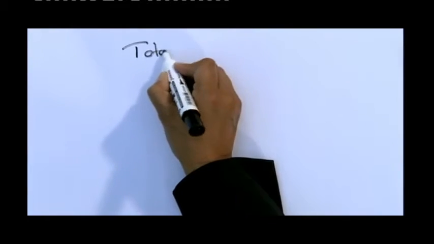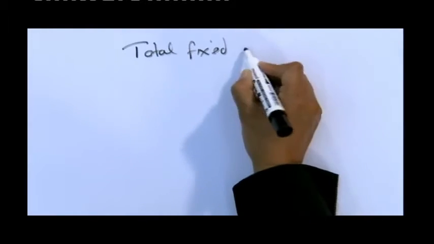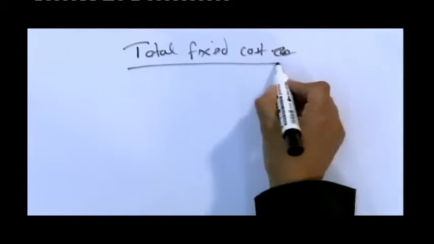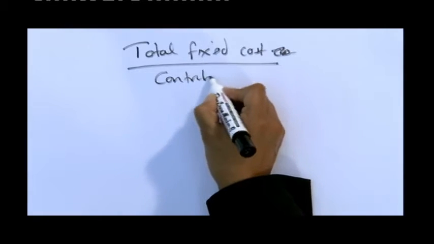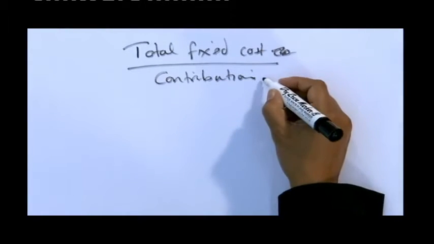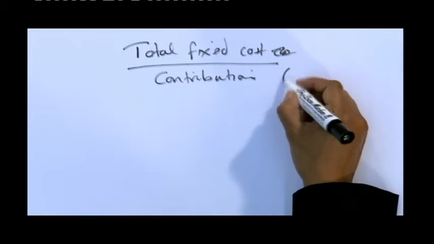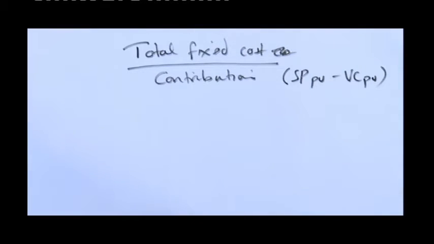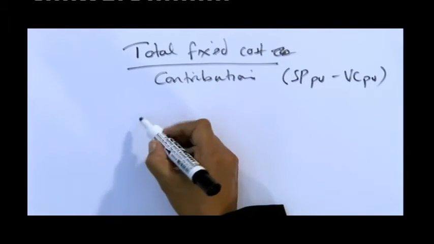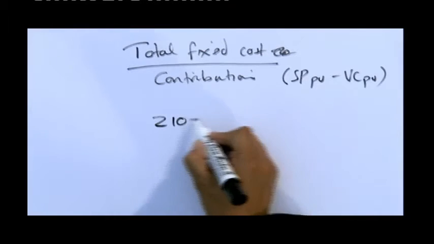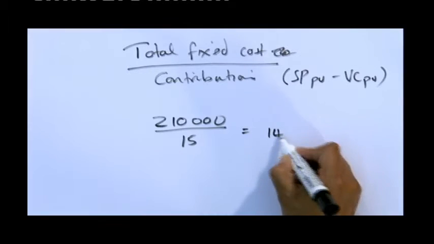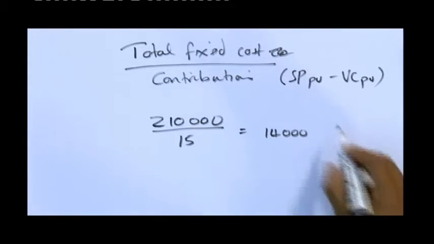My formula says total fixed costs over contribution. Another word for contribution is marginal income, and contribution is selling price per unit minus variable costs per unit, however you express that. So my total fixed costs are 210,000 divided by 15 Rand, and 14,000 units is my break even.